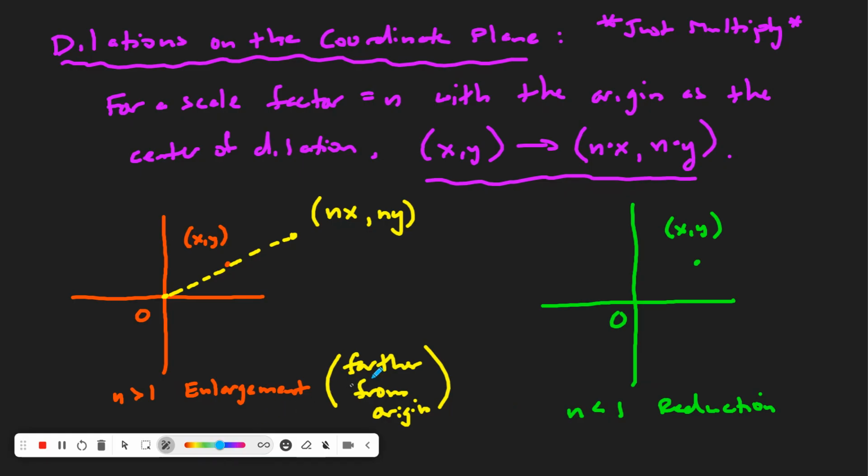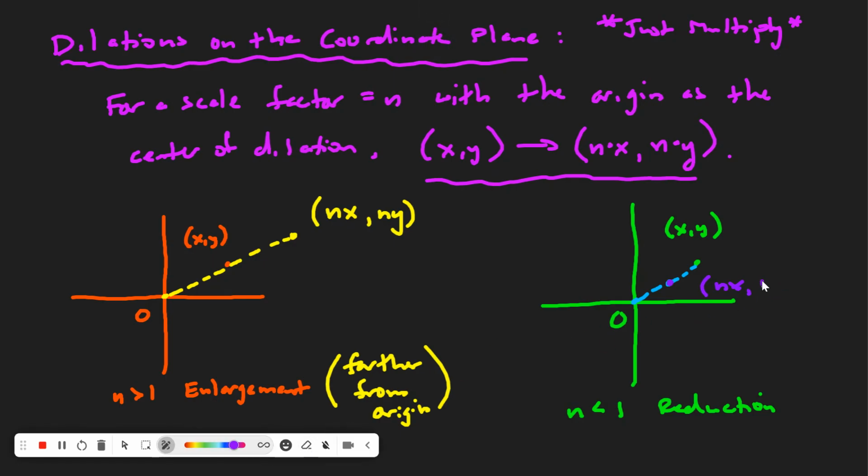So now when I multiply my coordinates of x and y, they are still going to be along this dotted segment between the origin and the original point. But let's say the scale factor is a half. Now we're going to go only a half as far. So now my point would be right here. Let me do it in purple so you can see. That point would be right here at nx, ny.